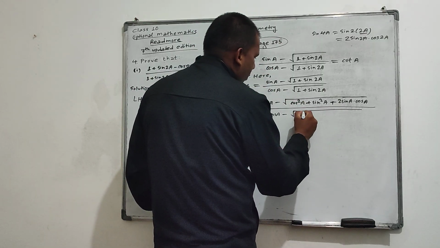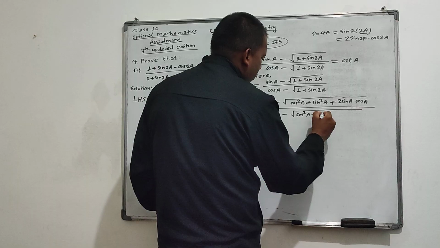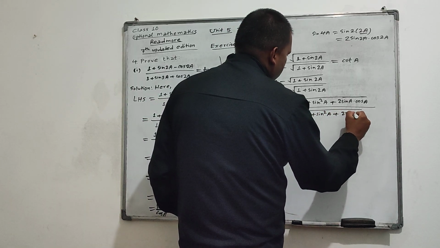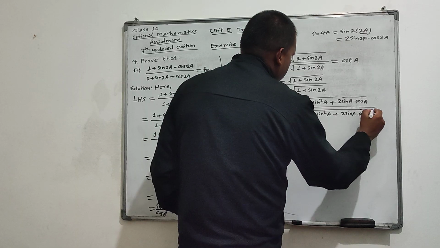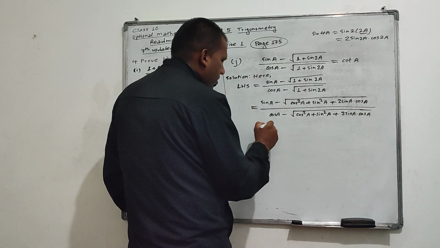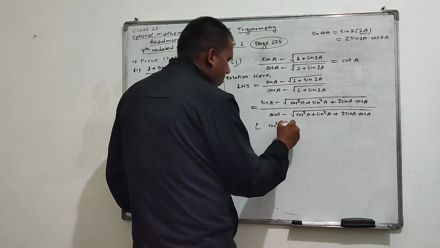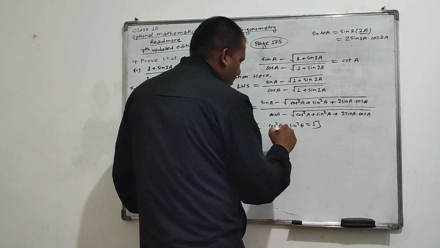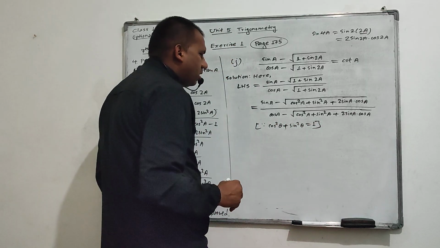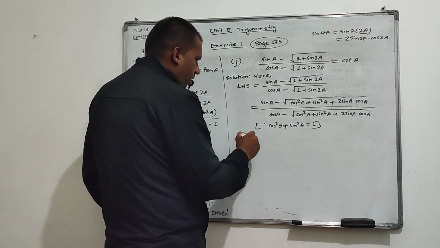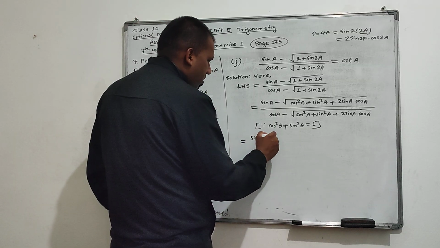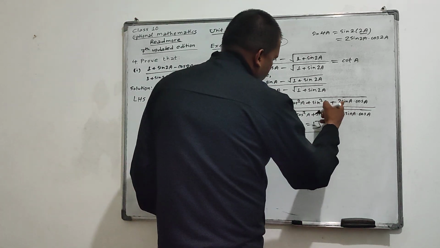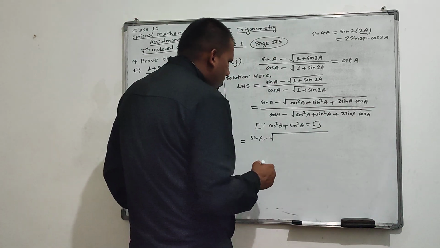Again, instead of 1 we can put cos square a plus sine square a, plus sine 2a, 2 sine a cos a. We know that cos square theta plus sine square theta equal to 1, by using this identity property. Now this equal to sine a minus root over a square plus b square plus 2ab. It makes a plus b whole square.